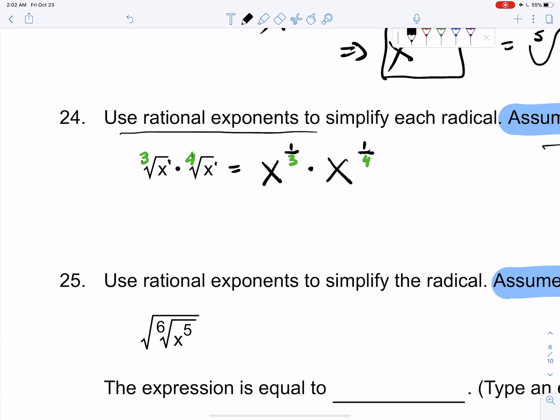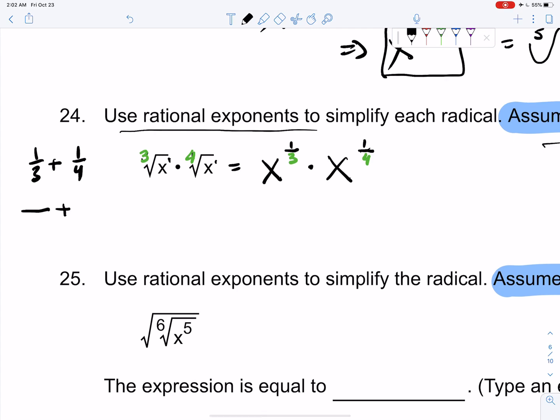When you're multiplying, what do you do to the exponents? You add them. So that is 1/3 plus 1/4. Better get a common denominator, which is 12. I'm sure you know how to do this. 4 times 3 is 12, so 4 times 1 gives a numerator 4. And 3 times 4 is 12, and 1 times 3 gives us a numerator of 3.